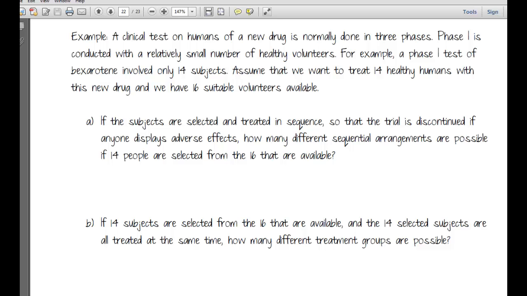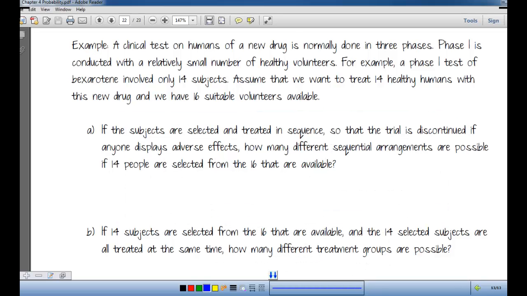Okay, if the subjects are selected and treated in sequence, so that the trial is discontinued if anyone displays adverse effects, how many different sequential arrangements are possible if 14 people are selected from the 16 that are available? That was a lot, but this was a problem from your textbook. So I wanted to make sure I included some that had all of the author's style.